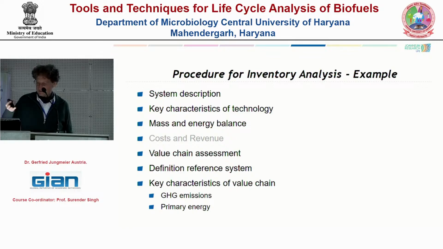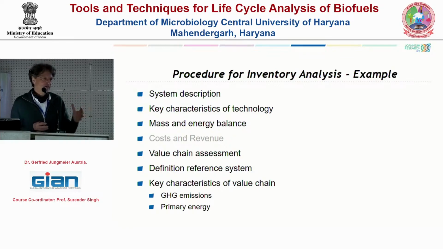Okay, I'm coming back to give you the procedure of how to do the inventory analysis. Again, I'll show you relatively briefly on an example. The system description, the key characteristics of the technology, the mass and energy balance. Cost and revenues is in gray because that is not relevant for the inventory analysis. It's more having in mind that this system must somehow have business possibilities.